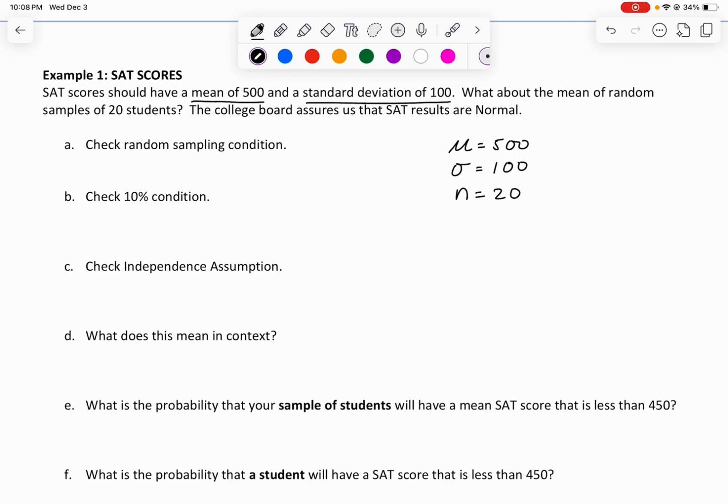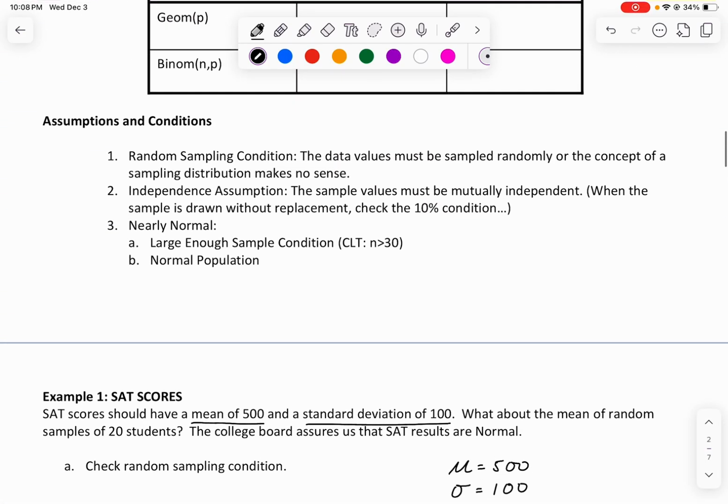If you want to talk about the sampling distribution of the mean, there are certain conditions we need to check. We need to check that your sample was randomly taken. All this does is make sure that your data is unbiased and that your sample matches your population. We also need to check our independence assumption, meaning we should check our 10% condition.